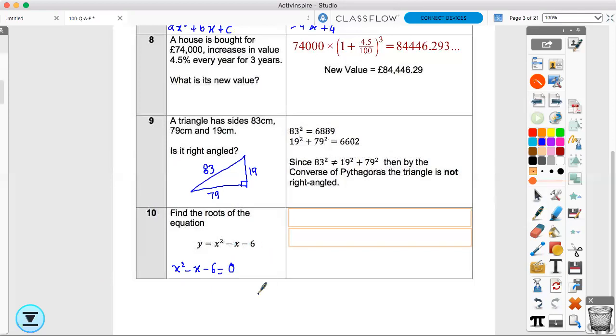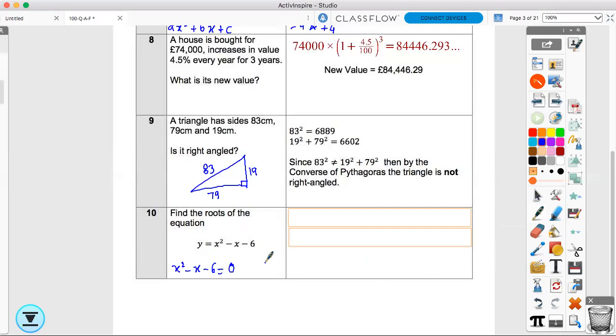Okay, find the roots. So I'm going to use MAM here. I need two numbers. If I times them, I get -6, and if I add them, I get -1.